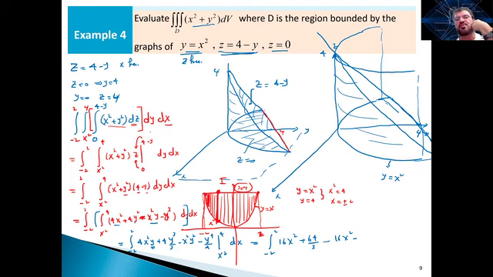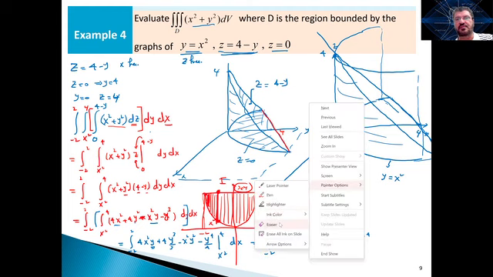It's going to be 4 to the 4 over 4. So this one, let me check here, 4 to the 4. I think I got this one incorrectly. We have 4 raised to the power 4, 256. This is not 64, this is 256.